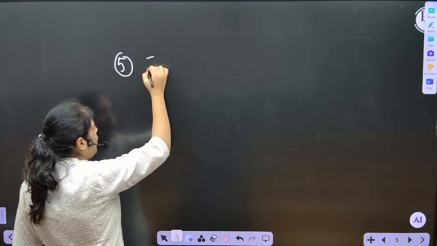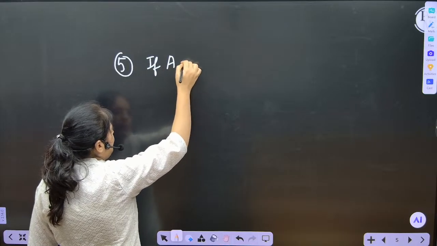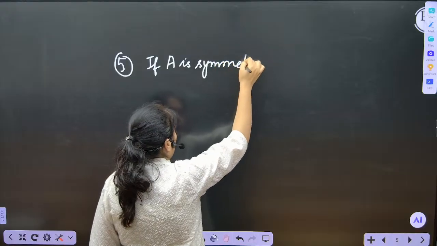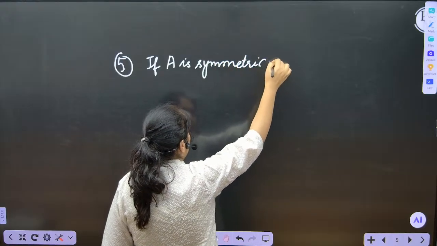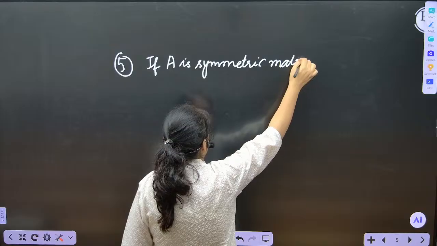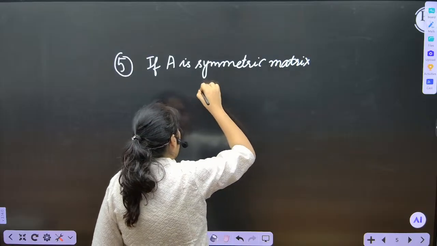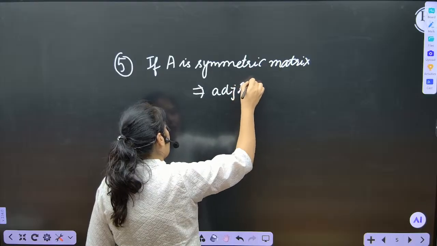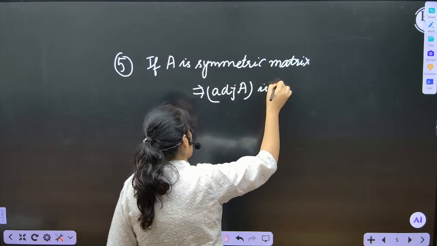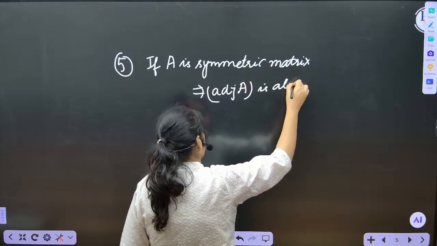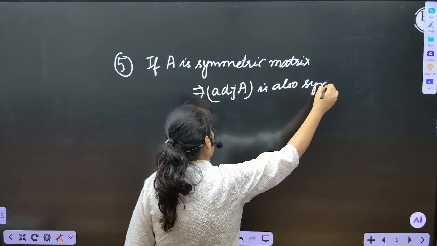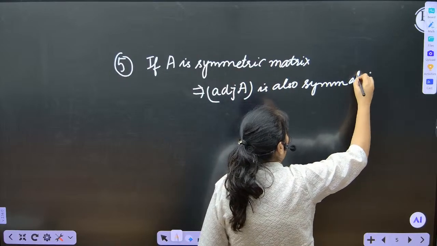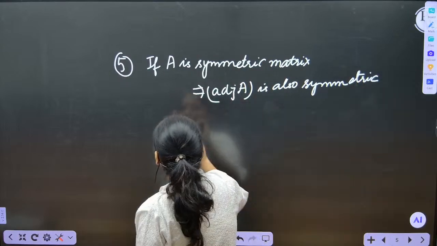Now, what I am saying is, suppose A is a symmetric matrix, this implies adjoint of A matrix is also symmetric. I'll give the examples.